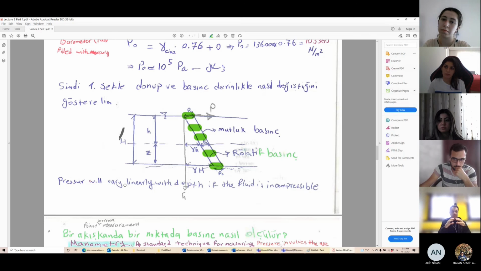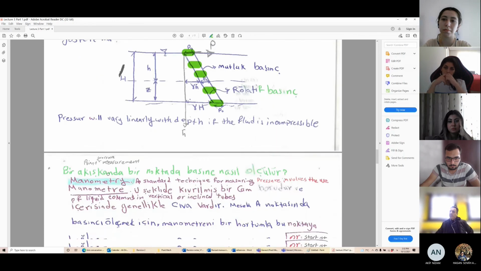If it is compressible, at the lower levels of the liquid we will have more density, and gamma can increase. But in this course, we assume that, for example, water is incompressible. Therefore, in water, pressure varies linearly.